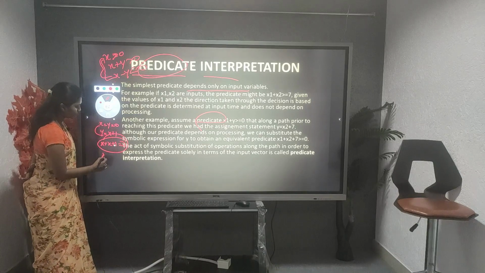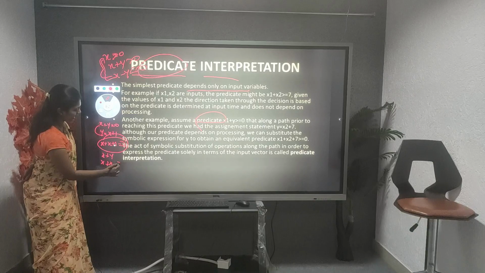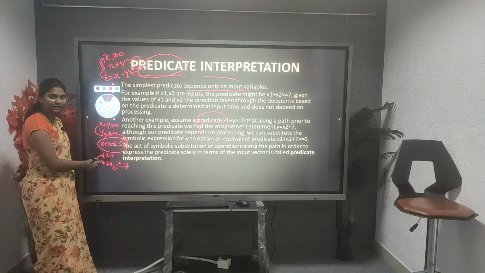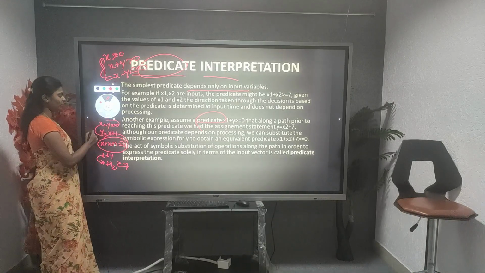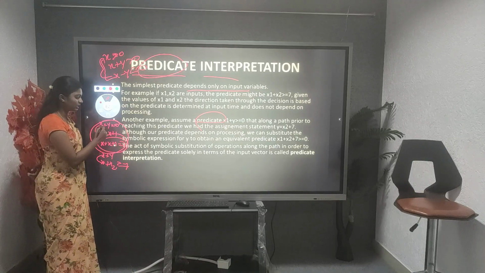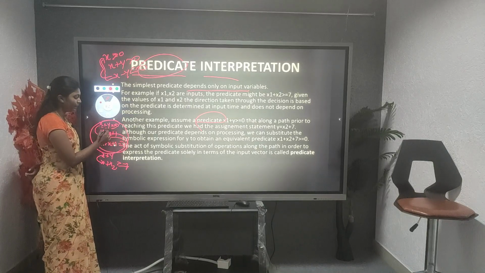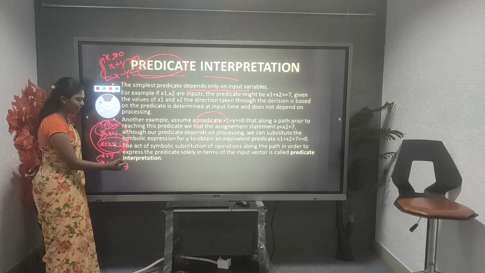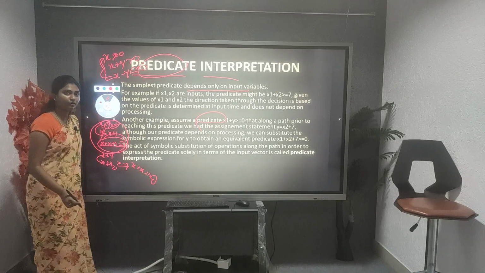Suppose here only x1 plus x2 greater than 7. This is not correlated, so it is not interpreted. We can't say what the interpretation value is. But in this formation we can say what the interpretation value is, derived from x plus y is equal to 0, y is equal to x plus 1, where y is substituted and the total equation is x plus x plus 1 is equal to 0. Fine.